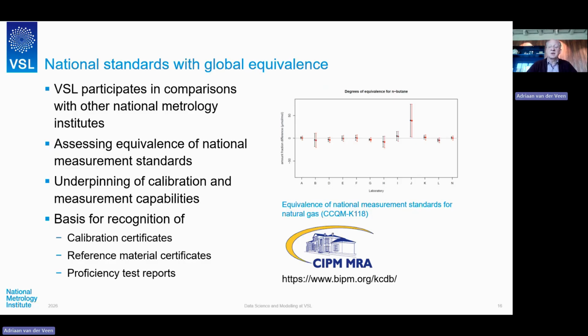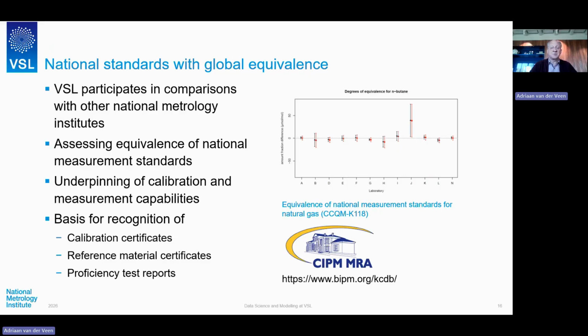Unlike proficiency testing, where the identity of the participants is not disclosed, from the key comparisons you can find in the key comparison database the reports with the names of the institutes and the results they produced. So if you're interested to see how we are doing in those comparisons, please have a look at the key comparison database.